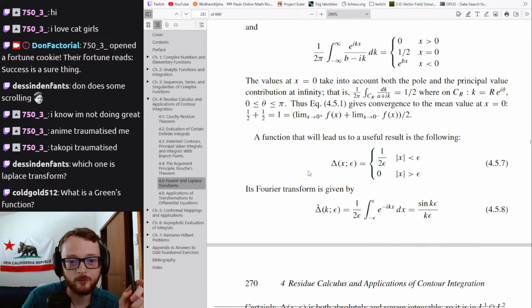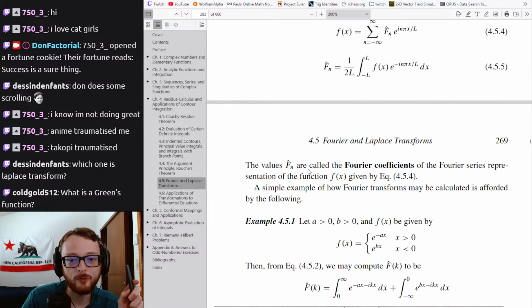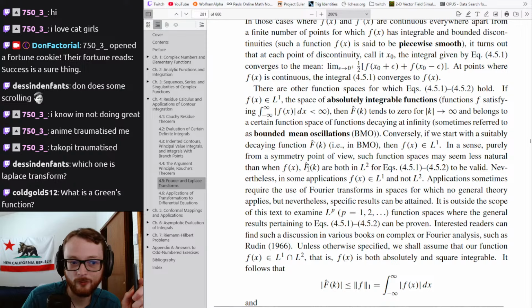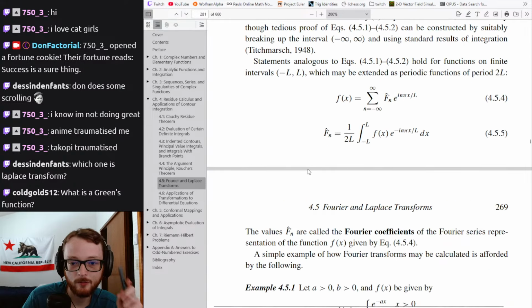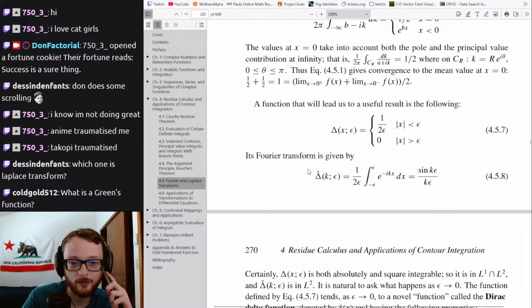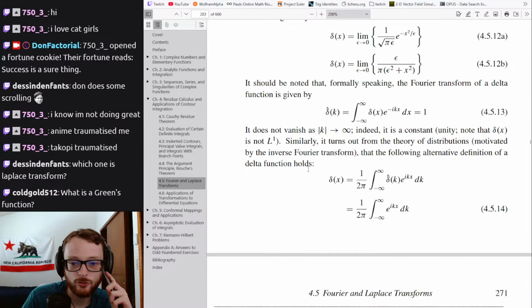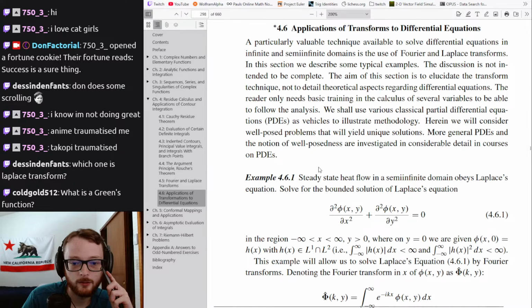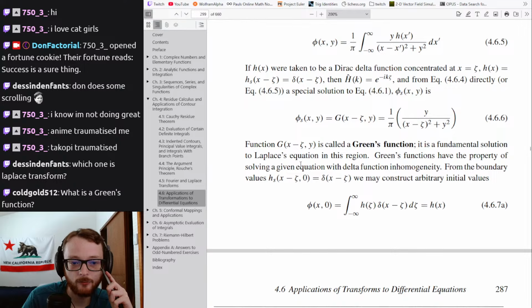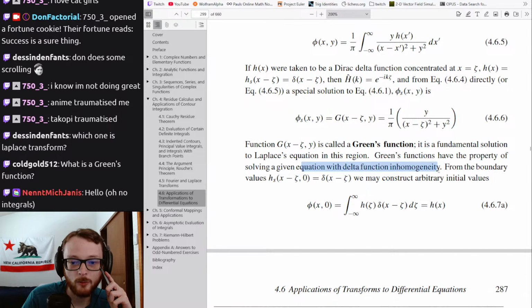Actually, okay, so what they say with delta function inhomogeneity, but the way they used it was a delta function initial condition or boundary condition, I should say, which I don't understand that piece of it. This is where they first used the term Green's function. So yeah, with delta function inhomogeneity.